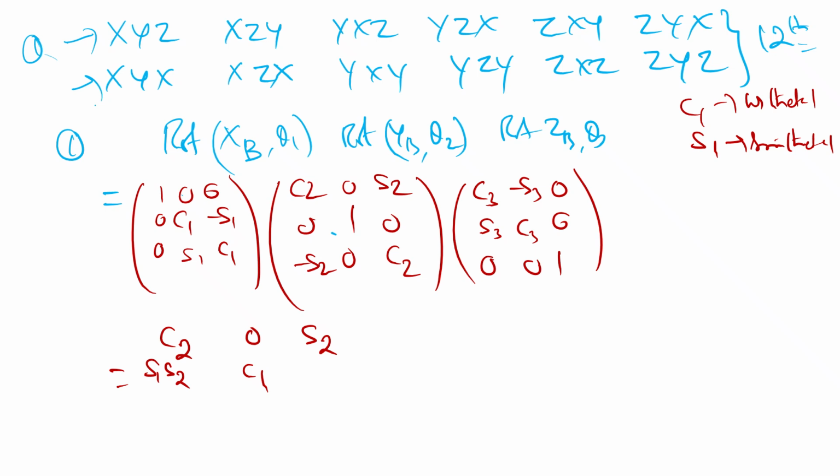Then 0, 0, then minus S1 C2. Next one is 0, 0, minus C1 S2. Then 0, 0, S1. Then 0, 0, C1 C2. Then you have to multiply this.